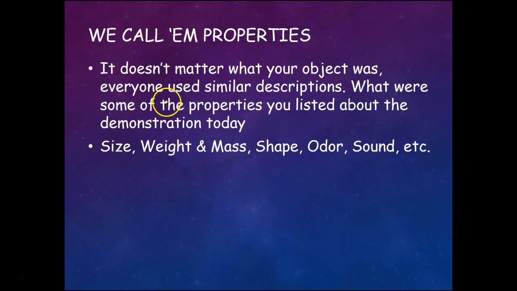What were some of the properties we listed about today's demonstration? Well, most of you did the alcohol fire. So you know that the alcohol was clear. It was a liquid. The flame was orange and blue. We know that it was flammable. It was able to burn.